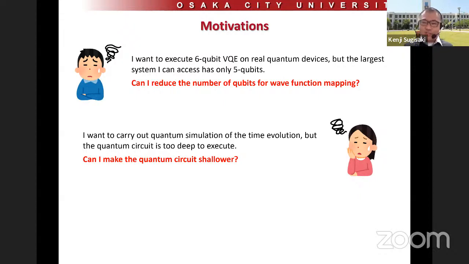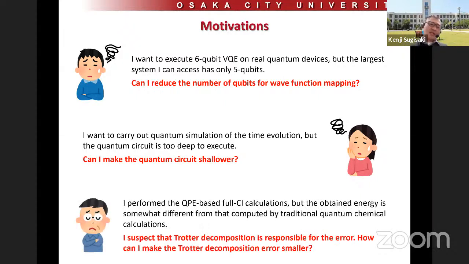Another situation is something like this. In this case, he performed quantum phase estimation, but the obtained energy is somewhat different from the energy computed by using traditional quantum chemical calculations, like Gaussian or GAMESS or something.